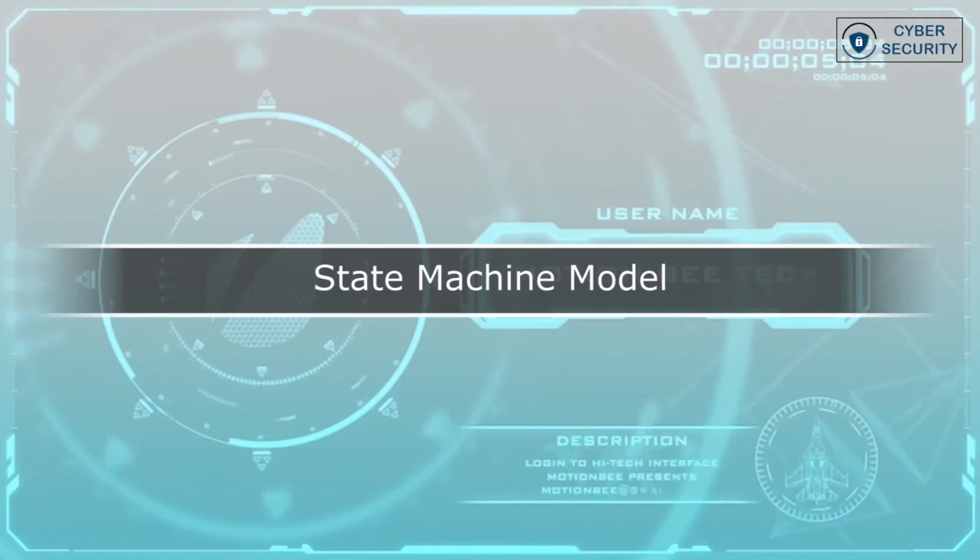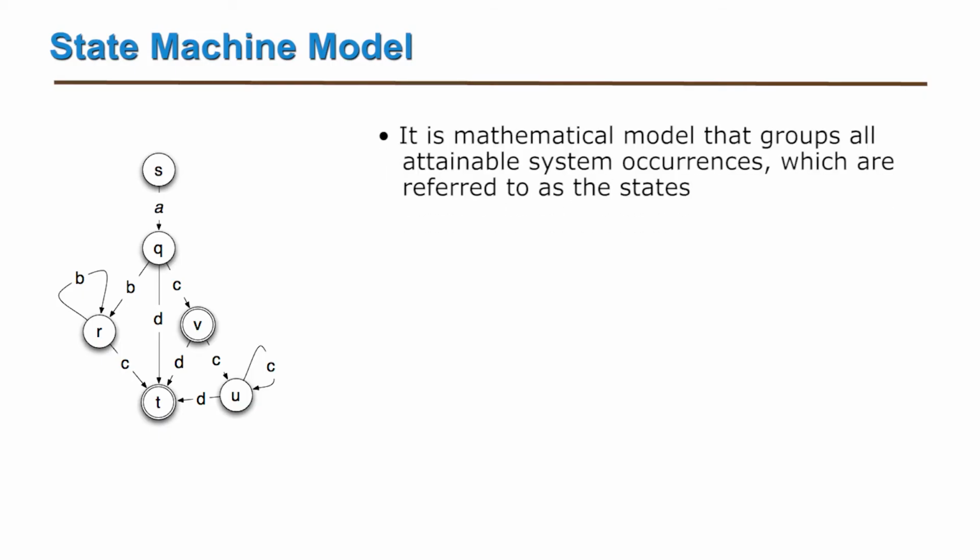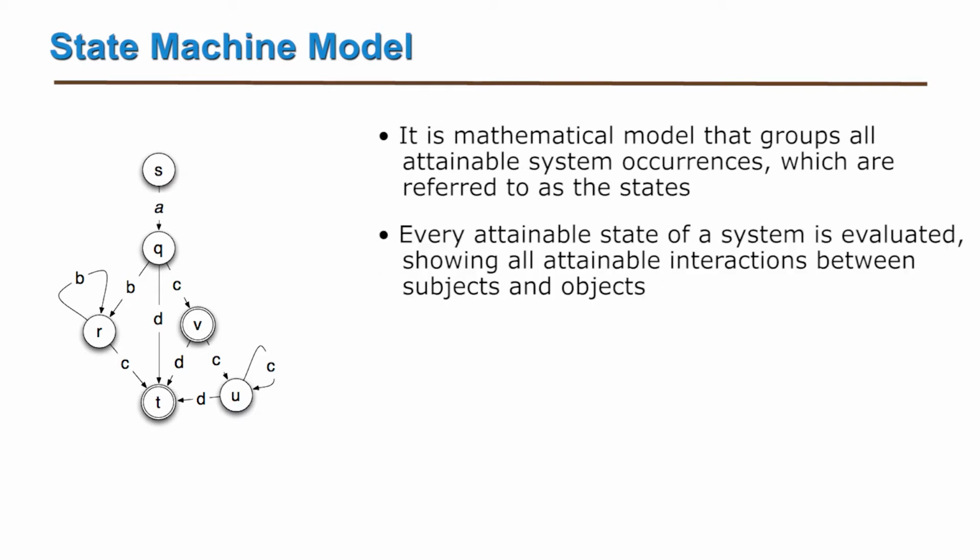The second one is State Machine Model. It is a mathematical model that groups all attainable system occurrences referred to as states. Every attainable state of the system is evaluated, showing all attainable interactions between the subjects and the objects.